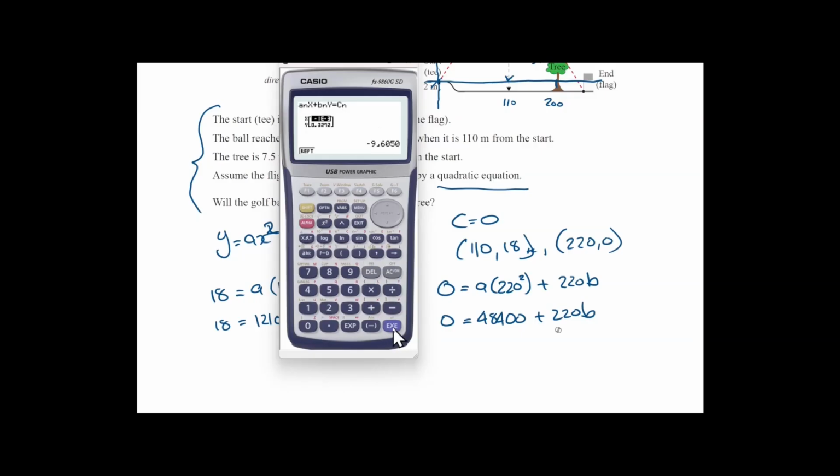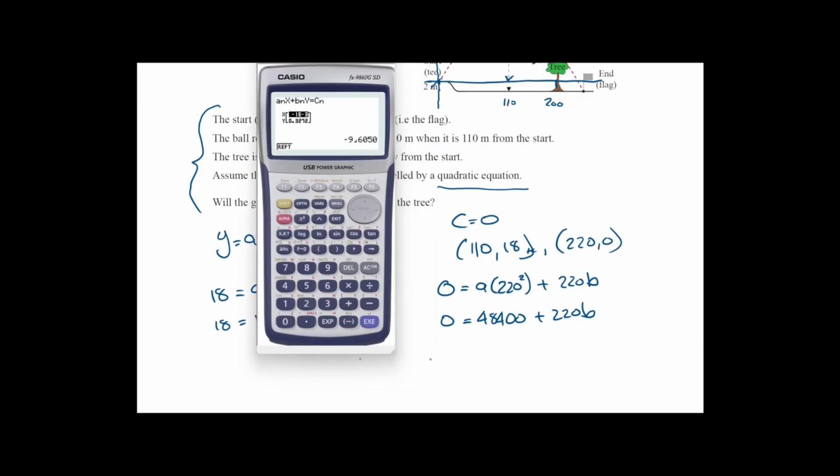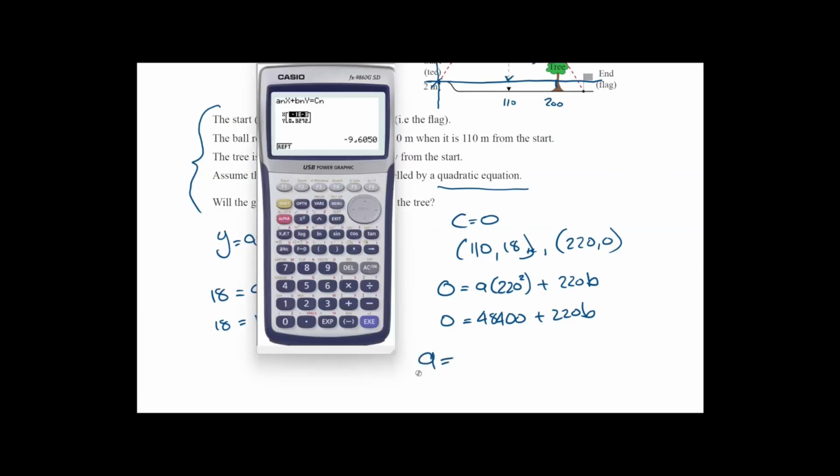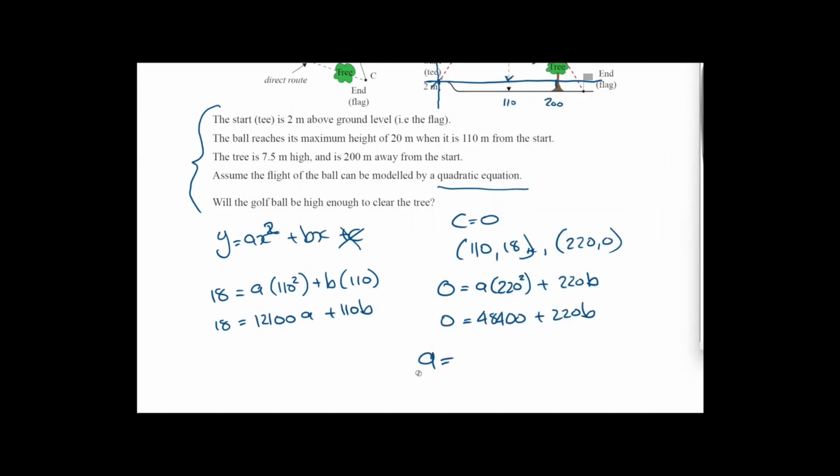So now we want to solve it. a is going to be equal to negative 9 over 6050. b is going to be equal to 18 over 55.